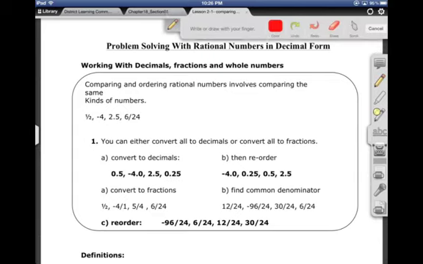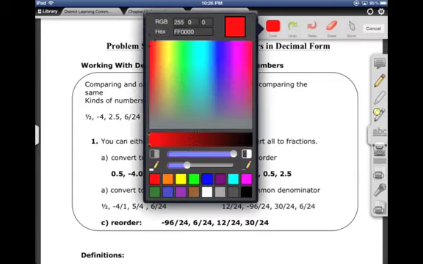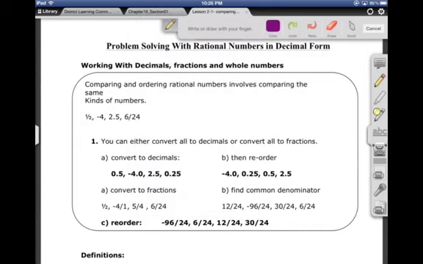So the thing about rational numbers that I wanted you guys to be aware of is that rational is kind of an interesting term.